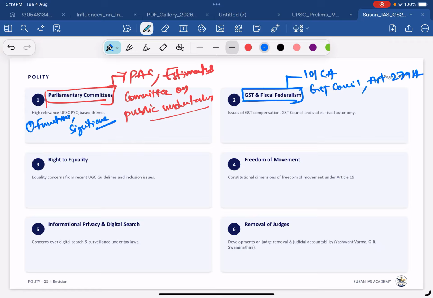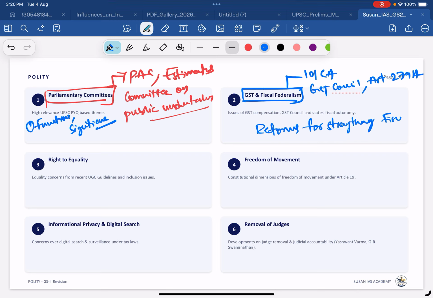Its composition and voting mechanism, Centre-State fiscal relations, the GST compensation issues, the recent Supreme Court views on GST Council recommendations, and also reforms for strengthening fiscal federalism.